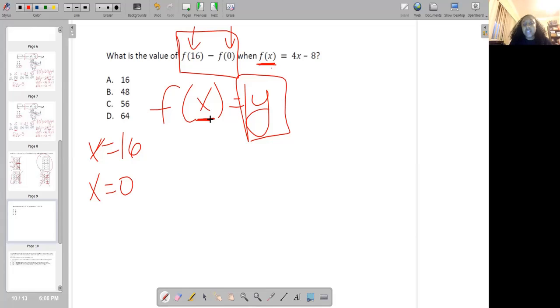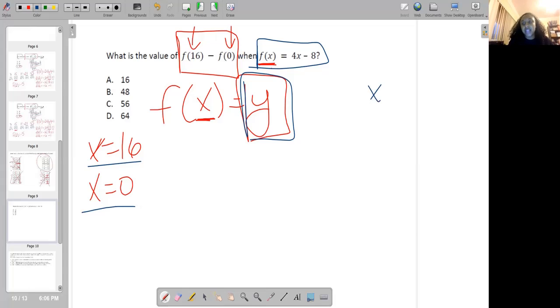But that all still doesn't help us unless we recognize that we need to take a look at this equation. That's what helps us to find our y when x is 16 and to find our y when x is 0.